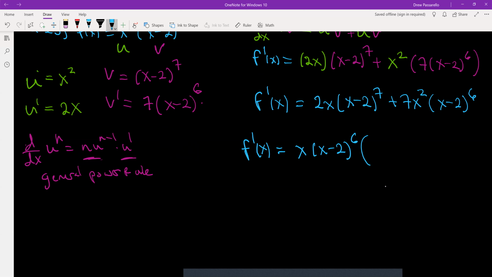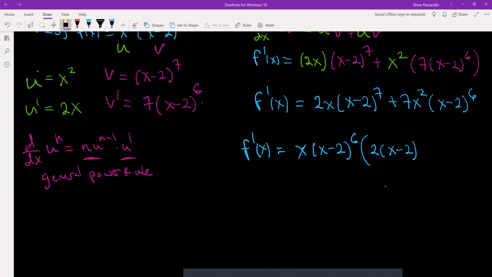All right, so what that's going to give me for the first term is 2 times x minus 2. All right, that takes care of this one because I factored out x and then I factored out x minus 2 to the 6th, which leaves me with just x minus 2 to the 1st. So that takes care of that one.